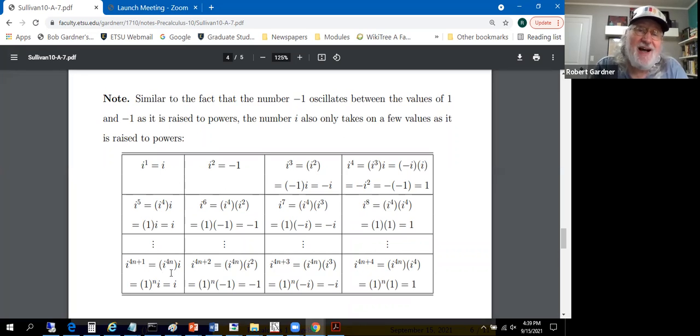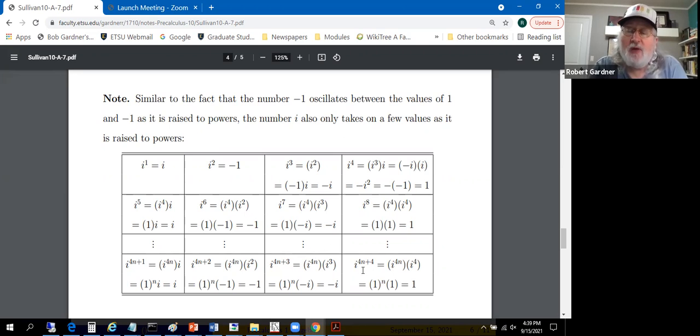You always get i in this column. 2 larger than a multiple of 4 will produce the same thing as i squared, because the multiple of 4 exponent simply produces a power of 1. You'll get -1 out again. 3 larger than a multiple of 4? Well, the multiple of 4 stuff produces a 1, leaving you with an i cubed, and that produces a -i.